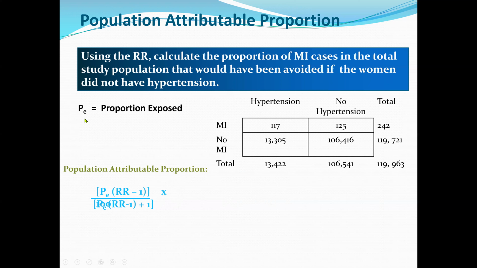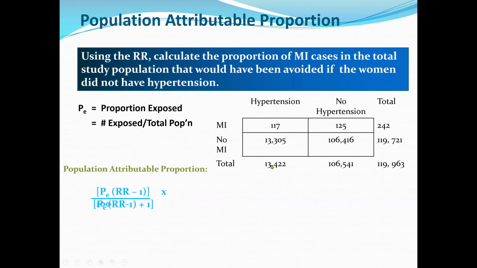So how do we find PE? PE stands for the proportion exposed, so we go to our data. Exposed here are the women with hypertension. The proportion is those who are exposed divided by the total population.